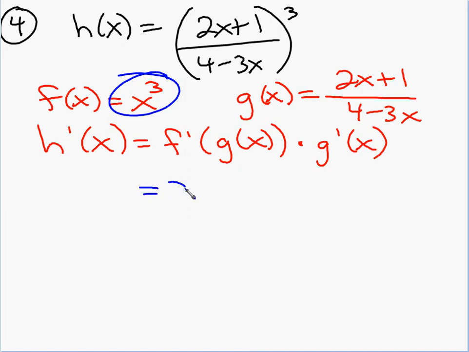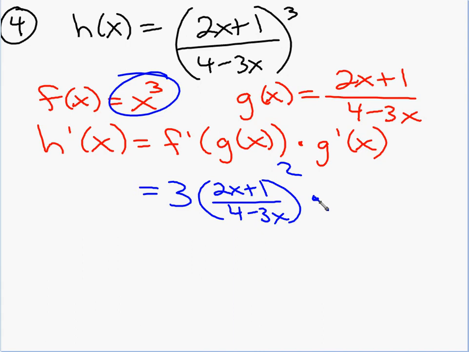So that's going to be 3 times the mess squared. In this case, the mess is always going to be g of x. It's that ugly fraction up there, that rational function, 2x plus 1 over 4 minus 3x. Times, oh boy, quotient rule.